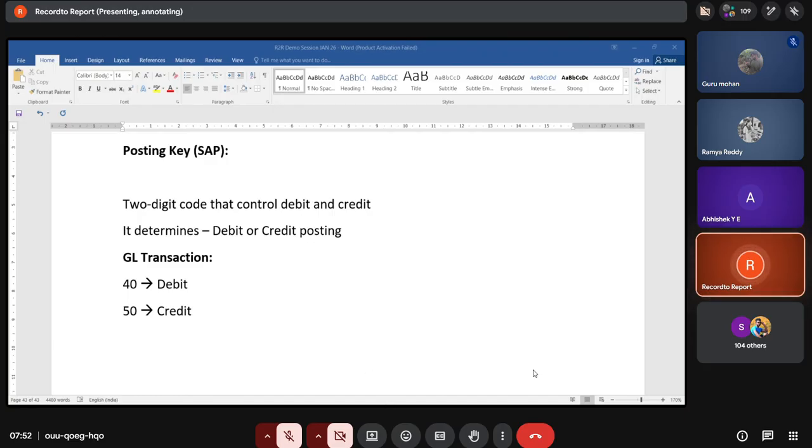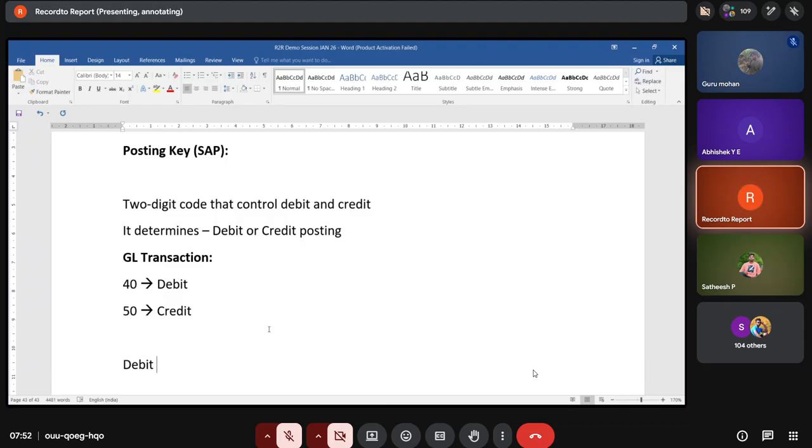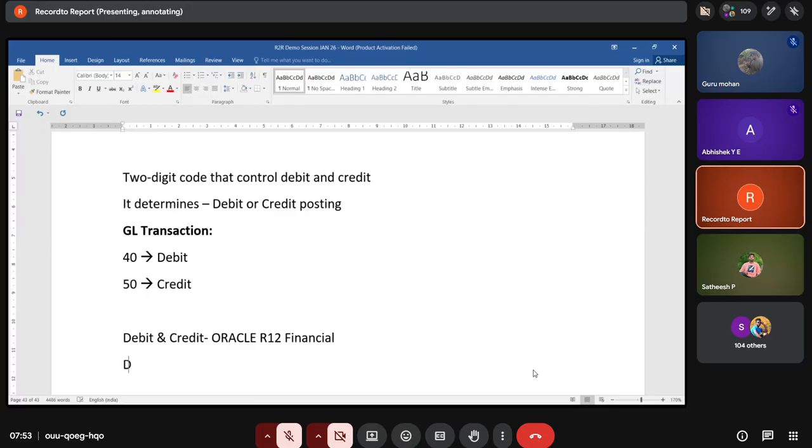But if it comes to Oracle, Oracle R12 financial systems will follow debit and credit.